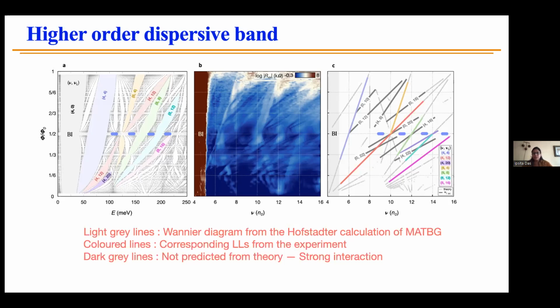With this, we could confirm that around phi naught, around one flux quantum per unit cell, you again have a reentrant flat band with strong correlation between the particles, and that gives you again a different flat band system to study within the same twisted bilayer graphene system.